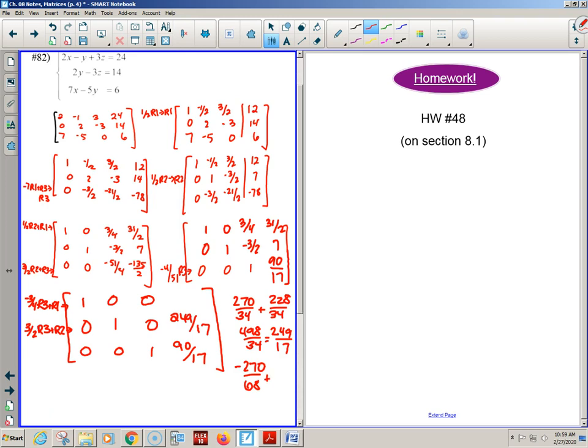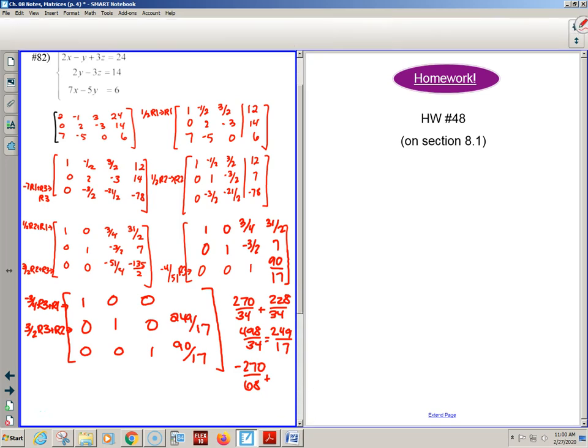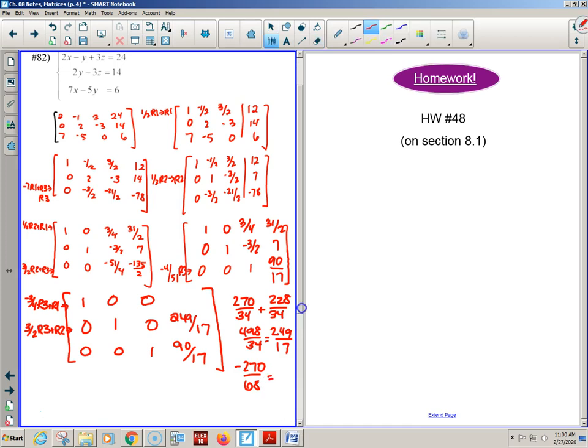And multiply this by 32? No, 34? 34 over 34? That's right. I'll reduce this first to make my life a little easier. I'll reduce this, divided by 2. 135 all over, divided by 2 is 34.